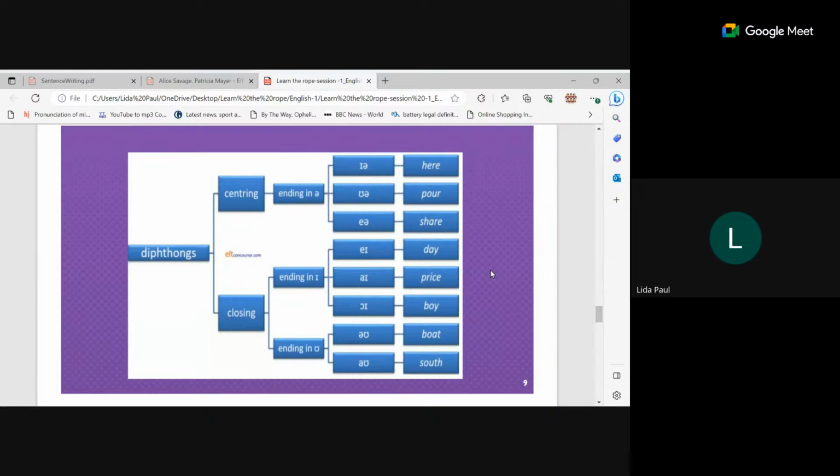Okay. The last two are the ones that end in the vowel sound oo. So O, ow. So O is again a very confusing diphthong. Usually this diphthong is found in words which have the letter O in their spelling. Okay, look at the example given there, B-O-A-T.